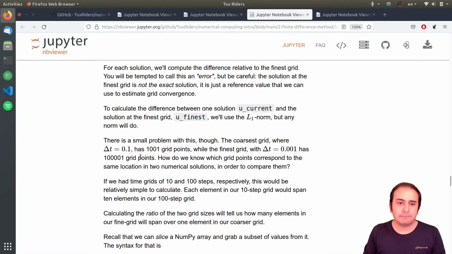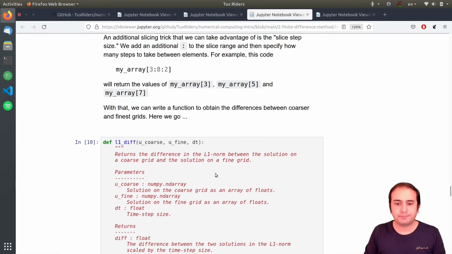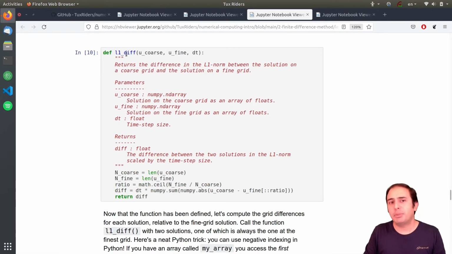And here again we compute the L1 norm, or L1 error. In this case, we want to compare the L1 norm when delta t is small or delta t is big.